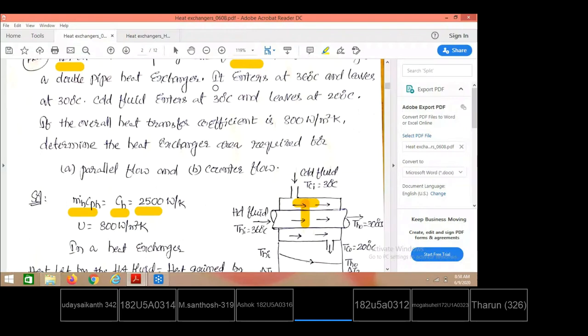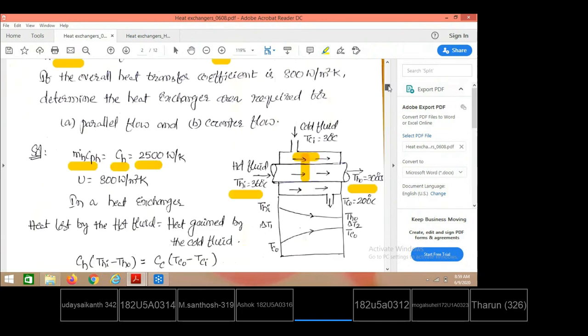The heat transfer takes place from hot fluid side to cold fluid side. The hot fluid is entering at a temperature of 360, that is, hot fluid inlet temperature is 360, and leaves at 300 degrees centigrade. TH naught equals 300 degrees centigrade. Cold fluid enters at 30 degrees centigrade and leaves at 200 degrees centigrade.